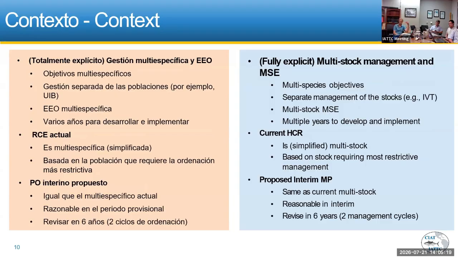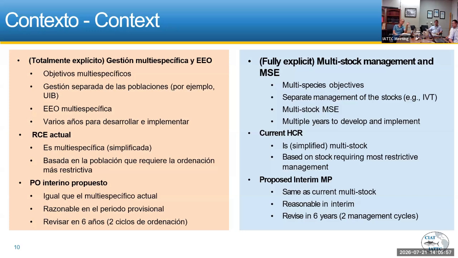Okay, so now putting that in context in terms of the management and the management strategy evaluation. Preferably what you'd want to do would be a fully explicit multi-stock management strategy evaluation. But to do this, you need to develop multi-species objectives. You need to be able to separate management of the stocks so that you can more finely tune the management in terms of stocks and species.